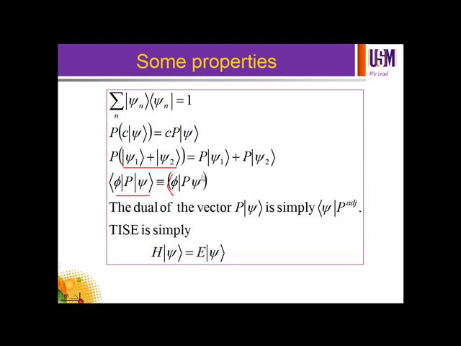This should be an angular bracket here. The dual of the vector P psi is simply P multiplied by the ket psi. If we change the position, the ket vector becomes a bra vector and P becomes the adjoint operator.